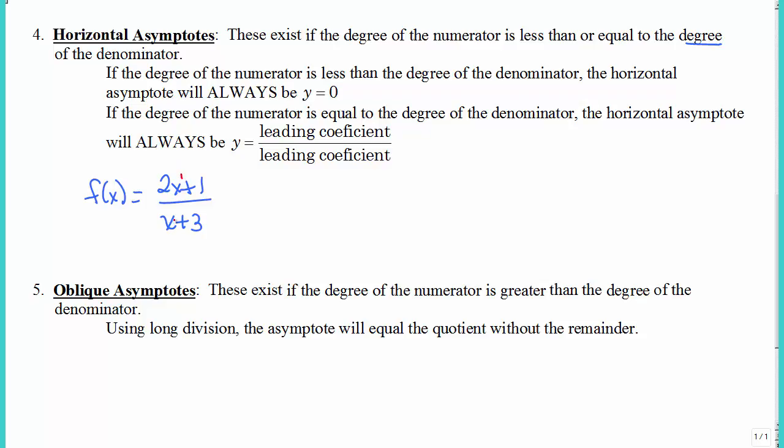Well, the degree on that x is 1, the degree on that x is 1, and so those degrees would be equal. Well, if the degree of the numerator is equal to the degree of the denominator, the horizontal asymptote is, and this is very important, y equals, because it is a horizontal line, the ratio of the leading coefficients.